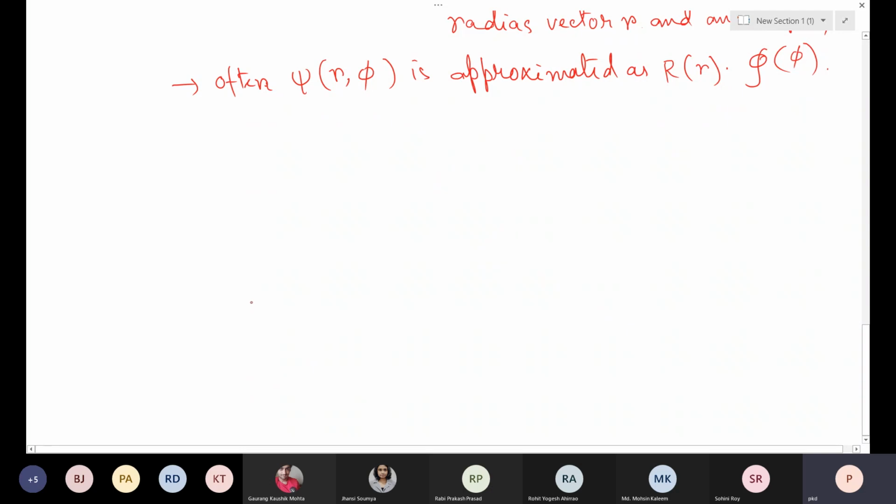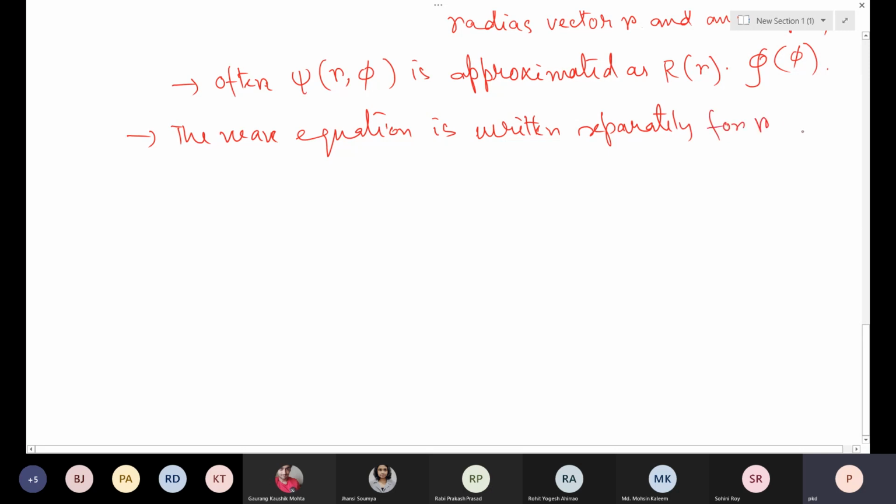And the guided mode is typically dependent on the wave vector k0, the wave equation is often written separately for r less than a and for r greater than a.